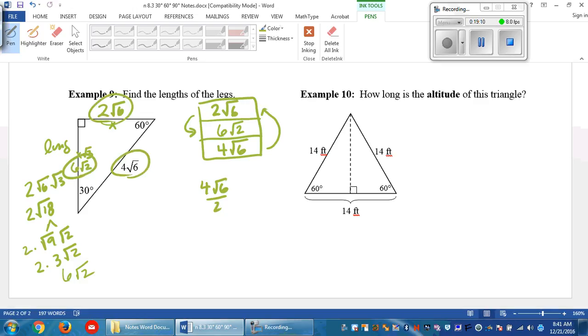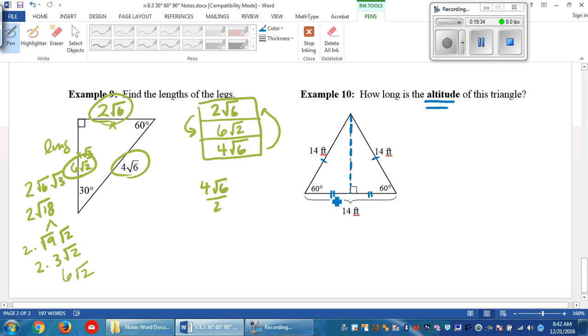Okay. And last but not least, we'll get this last one done here. You see the 14, so going back to the other one, we want to know how long the altitude is. So we want this side right here. What do you notice? These are equilateral to begin with, the 30, 60, 90s. These two have to be congruent because the altitude is a median as well in the equilateral triangle.